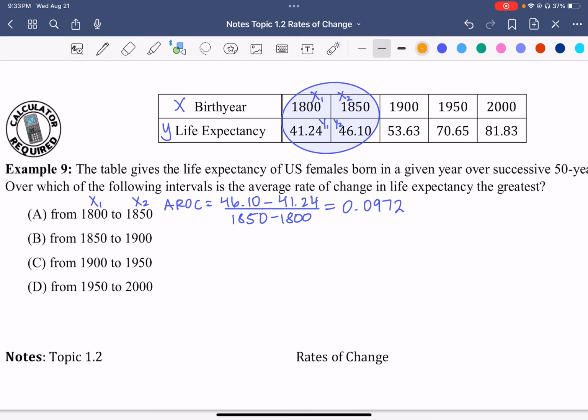Okay, now we're going to repeat the steps. Instead of the interval on A, I'm going from 1850 to 1900. So now this is my x sub 1 and my x sub 2, and this is y sub 1, y sub 2. For the average rate of change, I'm going to have 53.63 minus 46.10 all over 1900 minus 1850.